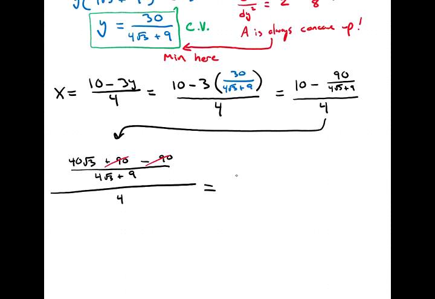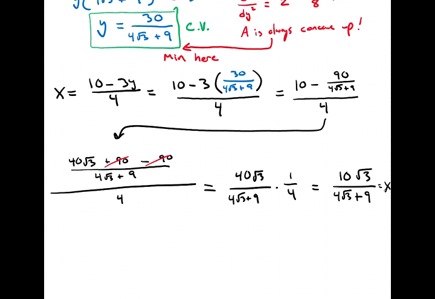So it looks like we're down to 40 root 3 over 4 root 3 plus 9, and we're dividing by 4, so let's multiply by 1 over 4. And the 40 and the 4 cancel, so it looks like we're down to 10 times the square root of 3 divided by 4 root 3 plus 9. And that's our value for x.